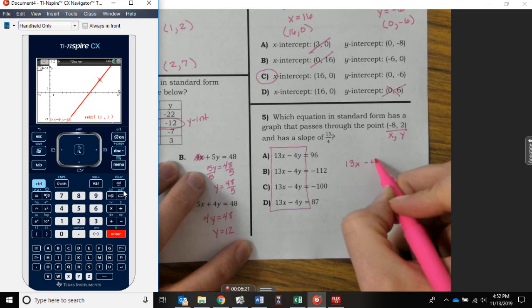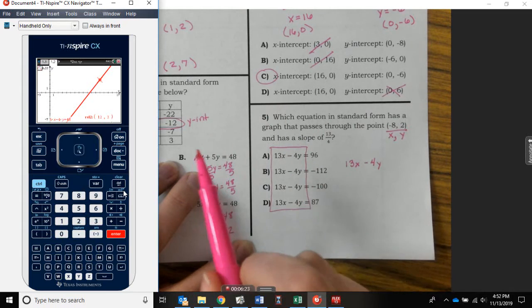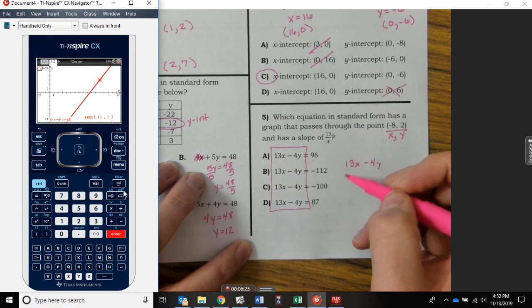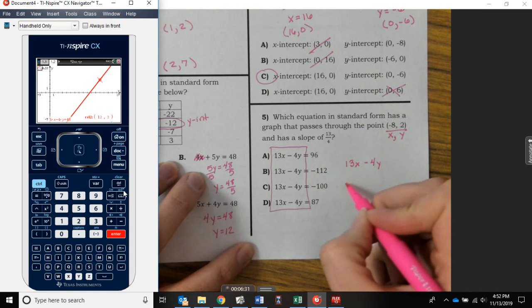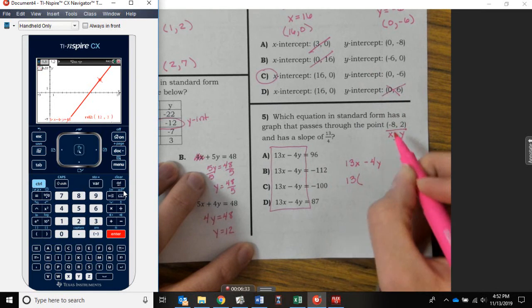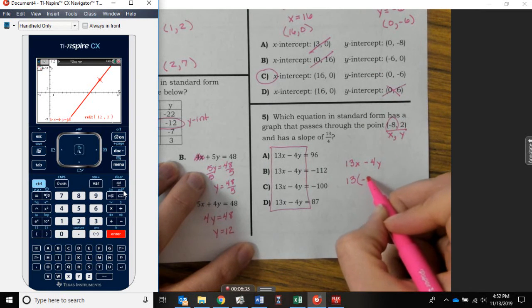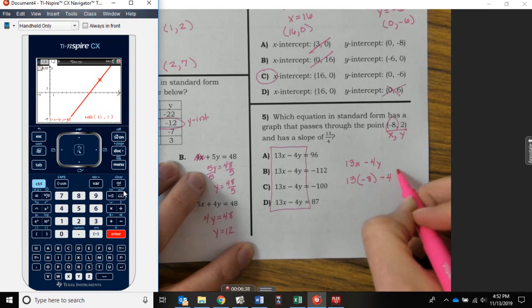Your other option is to just graph them like we did on number 2 and then go check the point using menu 5, 1. So you have lots of options. This one to me is the fastest. And so I'm going to take 13 times x is negative 8 minus 4 times y is positive 2.